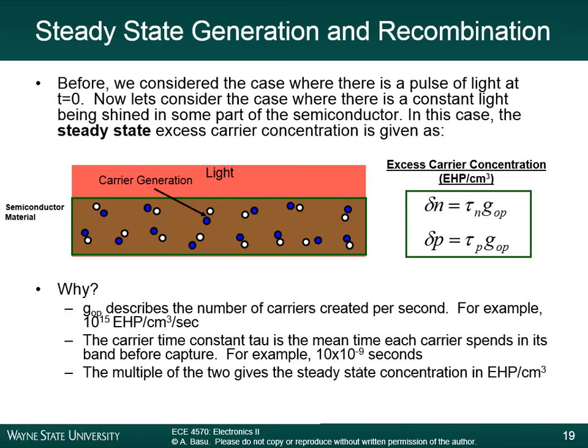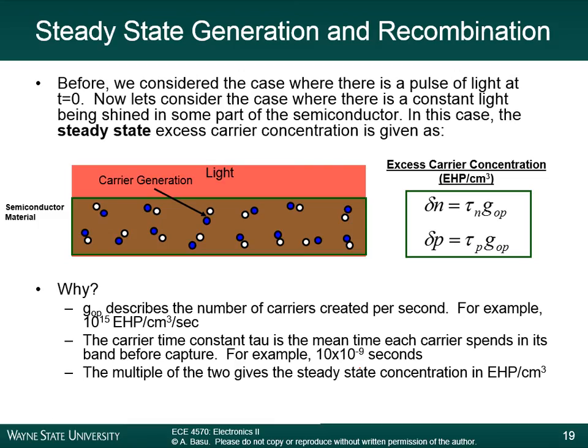So the intuition behind this, I mentioned this already. GOP describes the number of carriers created per second. The carrier time constant τ is the mean time each carrier spends in its band before capture. So it's the mean time between generation and recombination events. The product of the two gives a steady state concentration in electron-hole pairs per centimeter cubed. You can even take out the electron-hole pair part, just 1 over centimeter cubed.